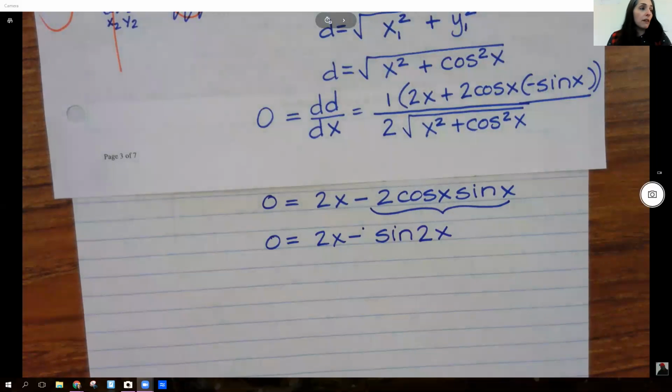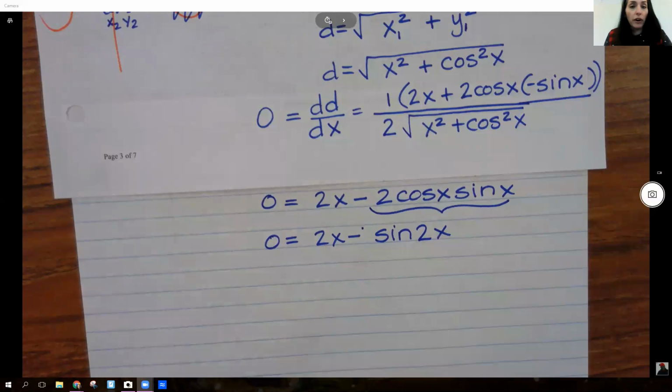The double angle formula for sine is 2 sine x cosine x, or 2 cosine x sine x, same thing. It doesn't really help us that much in this problem, so it's not that big of a deal if you don't remember it. But I just wanted to point that out. Corpy points it out in his work, so I figured we would do the same thing. But we're gonna need a calculator anyway.